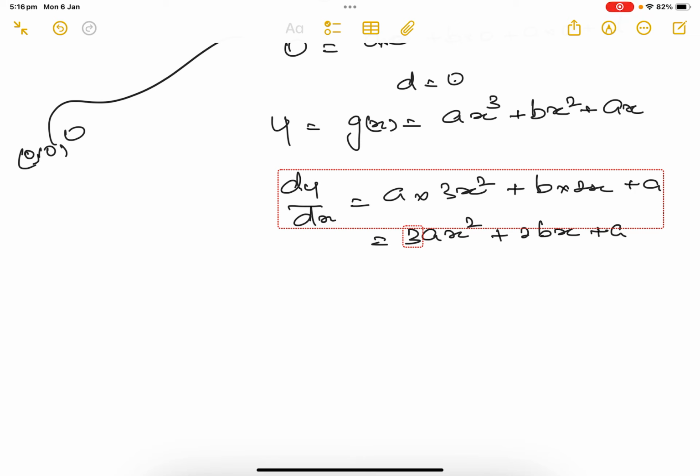The gradient at a turning point would be 0, because the tangent line at the turning point is parallel to the x-axis.